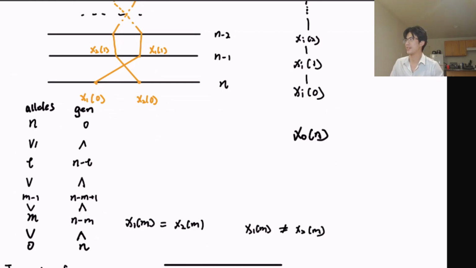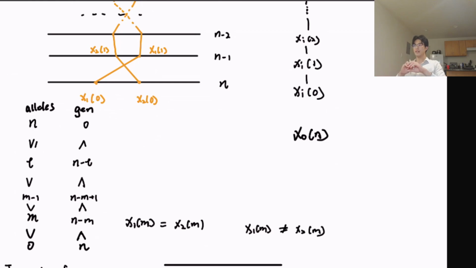They must be the same, right? Because remember, in the Wright Fisher model, we're going from 0 to n, we're going forward. When we sample these alleles from the previous generation, they make an exact copy of themselves in the next generation.